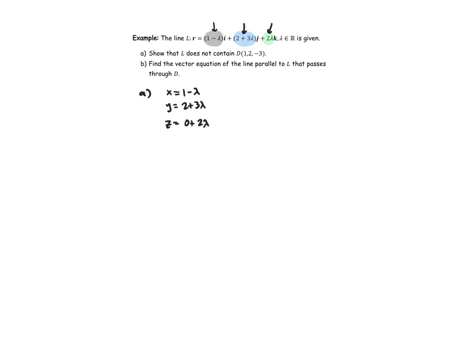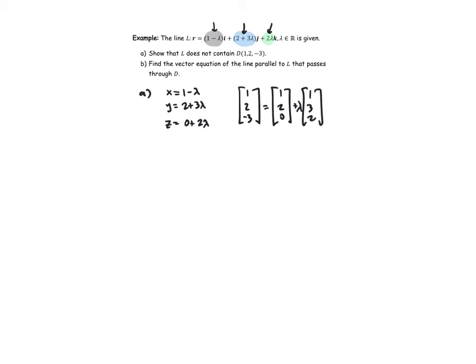All right, so I'm going to use point D, and point D is the point 1, 2, -3. And I'm going to set it equal to 1, 2, 0 plus lambda times 1, 3, 2.